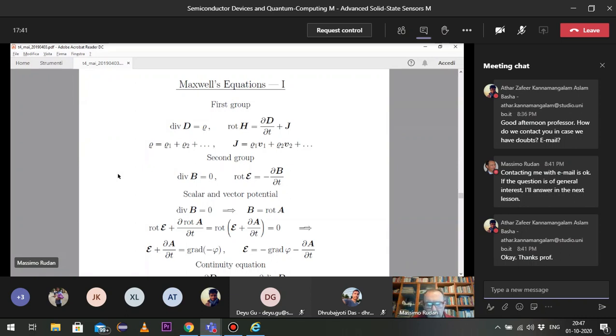This relation is correct if the space that we are considering is simply connected, and this is of course true in our case. That expression means that if you know A, then you know B, because you take the rotational of A and you deduce B.